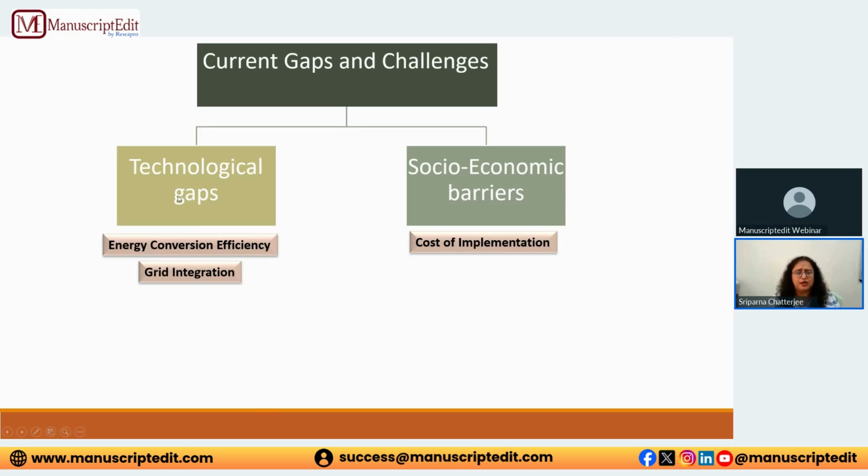As I was talking about sustainable green energy, the technological gap could be energy conversion efficiency. Whenever I'm giving some energy solution, I should think about the energy efficiency, right? If it is not an efficient system, then it is of no use. And how do I integrate it into a larger framework? So these are the technological gaps.